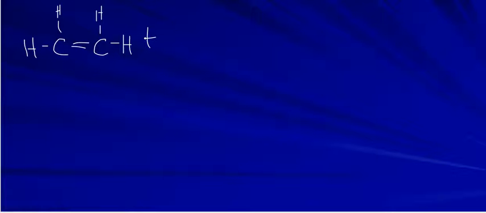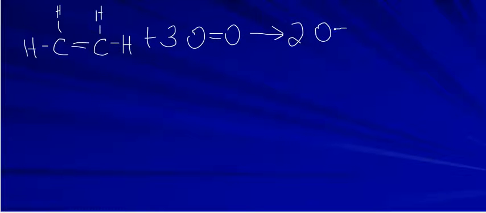We have 3 oxygen. Oxygen has a double bond between the O's. We're forming 2 CO2 molecules. CO2 contains 2 carbon-oxygen double bonds, and then we have 2 water molecules.